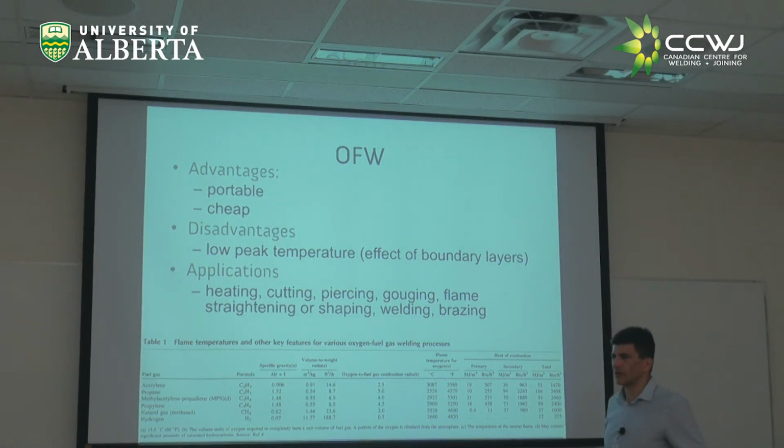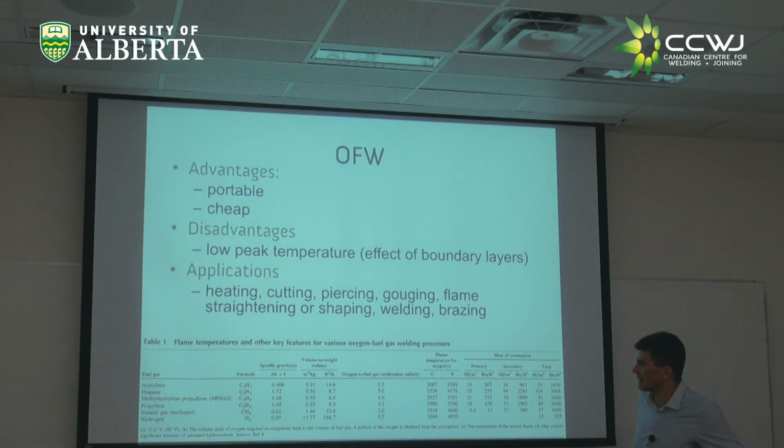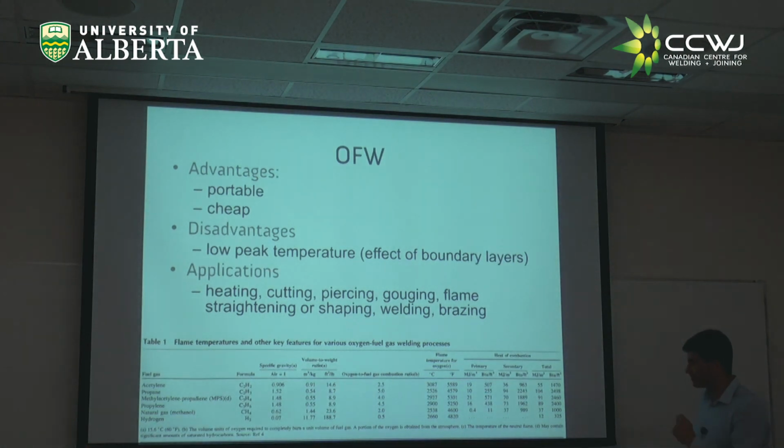When you buy a MAP torch, you can use it too. Right, natural gas. You can use it for cutting. Good? But acetylene, look at how much hotter a flame it has. Yeah, but still, you come with an arc and it's so much better, right?